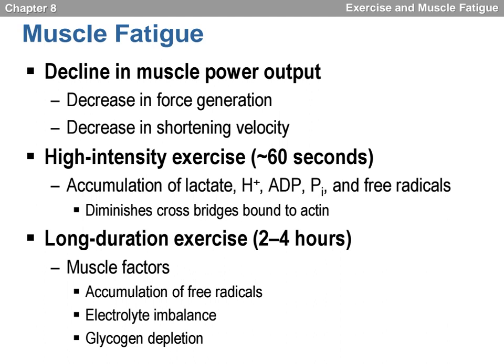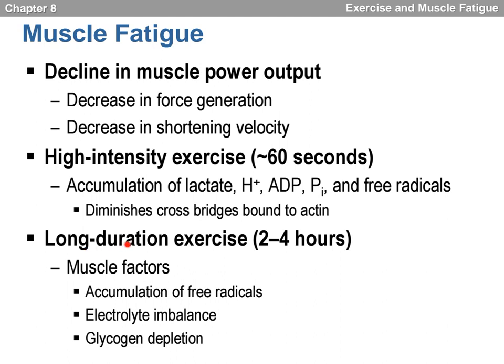I mean, it might decrease the rate at which it can occur. And then, of course, there's also the possibility of free radicals being generated, and those can damage tissue and so forth. So all of these different phenomena can diminish the cross-bridge cycling between myosin and actin.